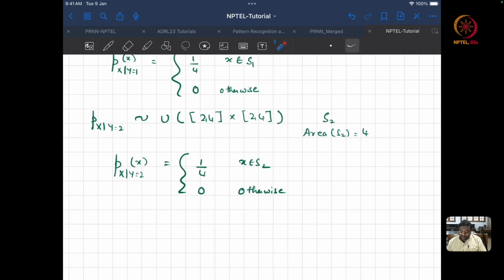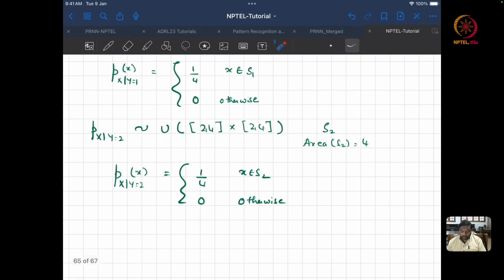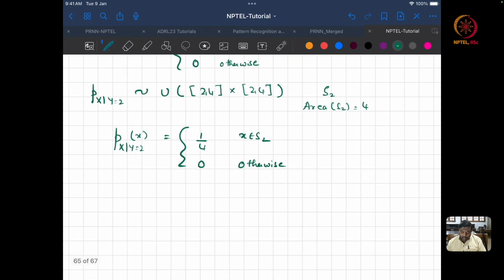Now this is one region S1, this is another region S2, and then there is a region S1 intersection S2.